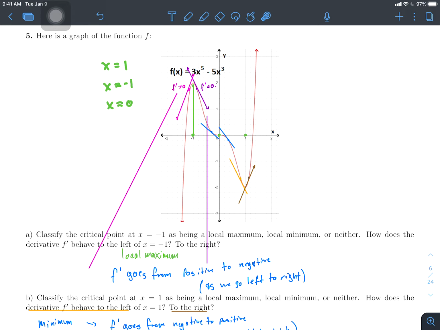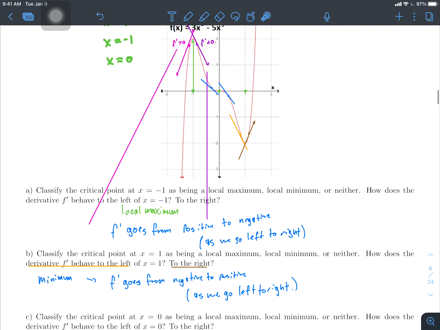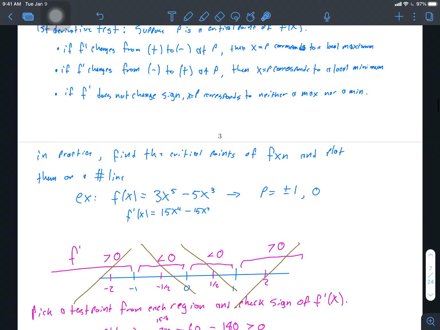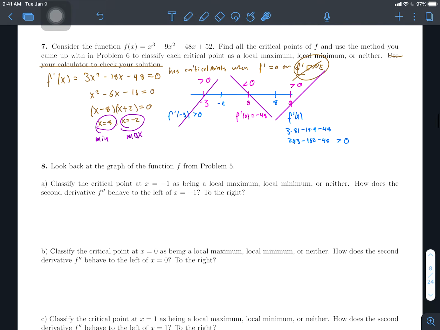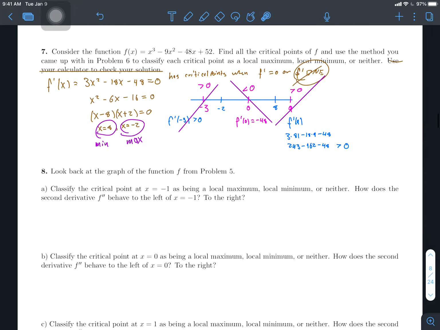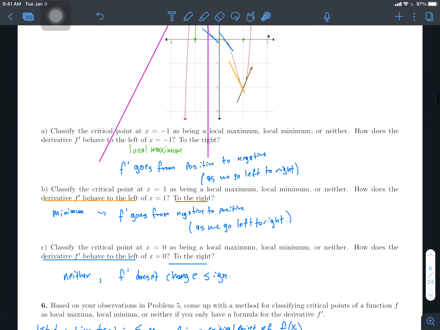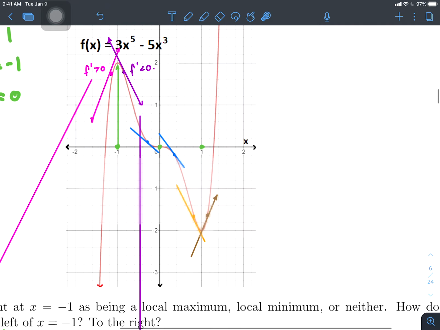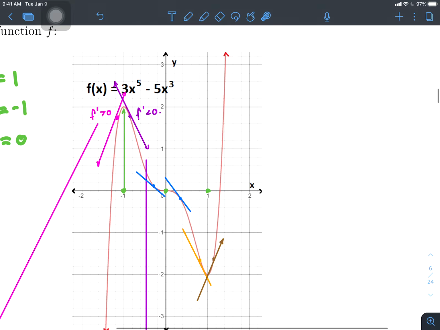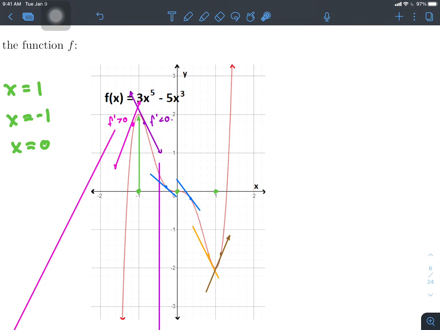Okay, then I'm going to move on and talk about a different kind of test that you can use to check what's going on here. So I think what I'm going to need to do is erase this drawing that I've done here because I need to use the graph for the second part.